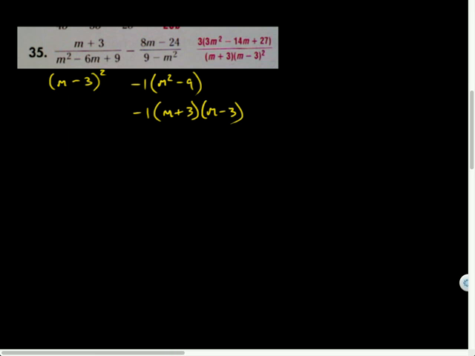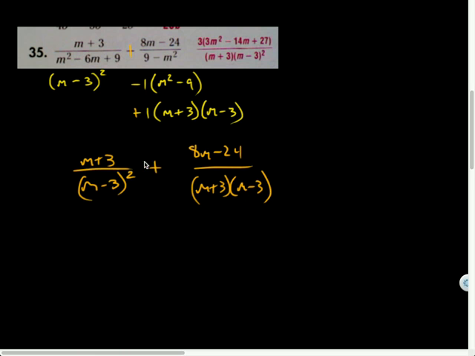And what I'd probably do with this minus sign is say, let's make this a positive, and just opposite this minus sign, making it a plus now. All right, let me rewrite all this out. So this would be m plus 3 over m minus 3 squared plus 8m minus 24 over m plus 3, m minus 3.